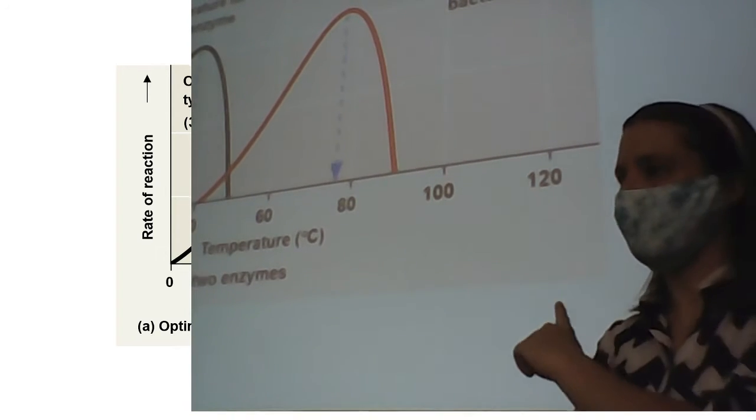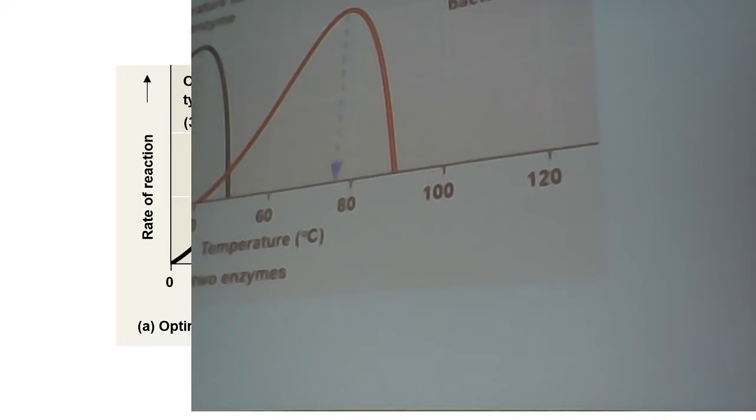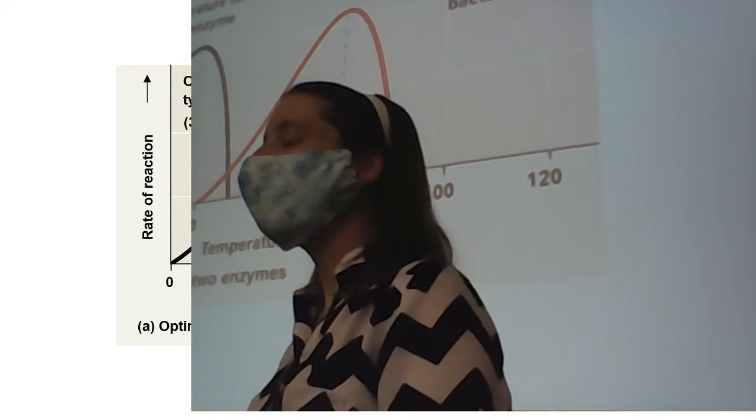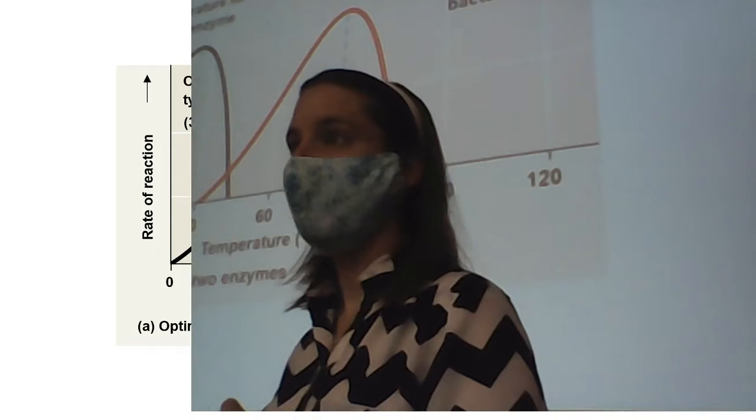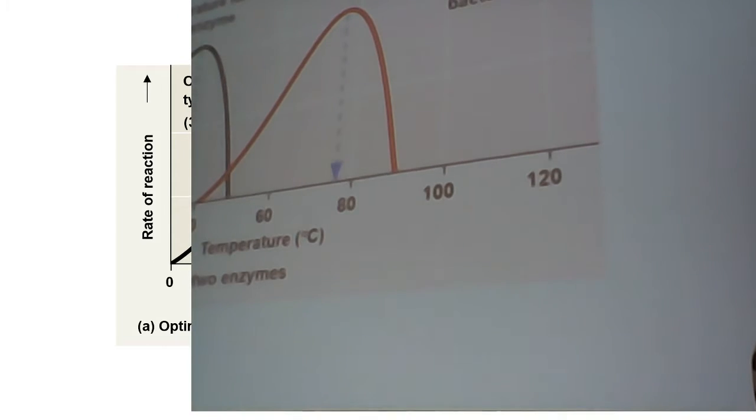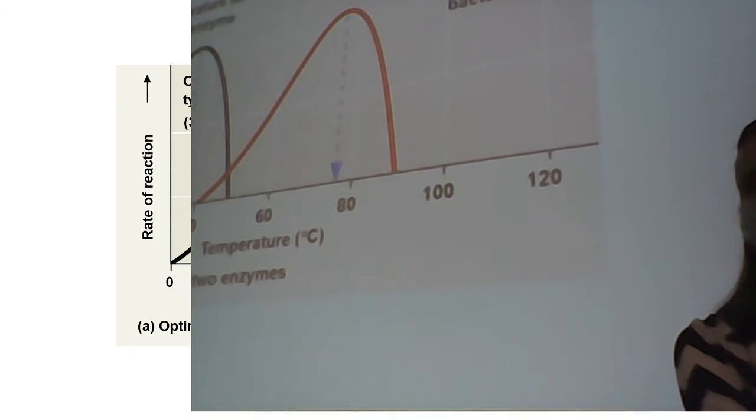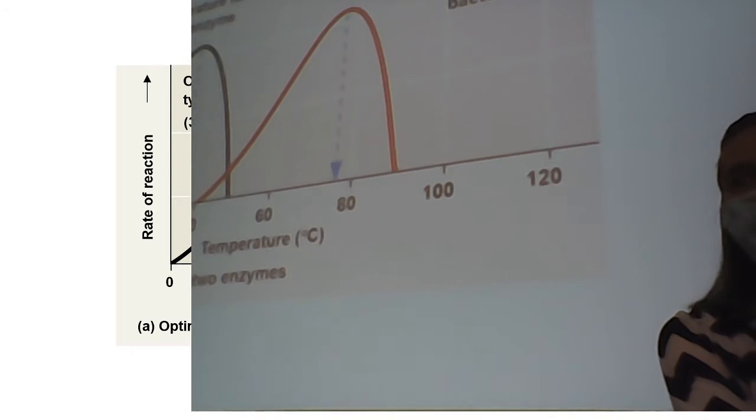So what we're looking at in this chart is temperature in C down here. Up here on the y-axis, we're seeing the rate of the reaction, how fast this thing happens. In black, here we have the reaction of some typical human enzyme.